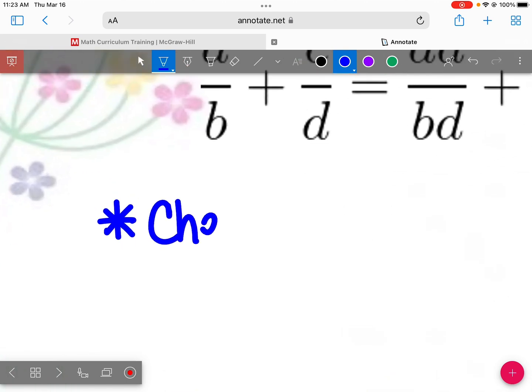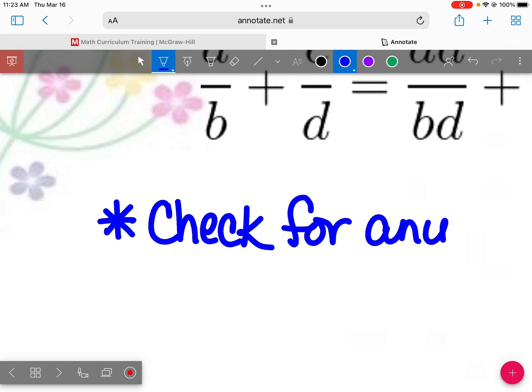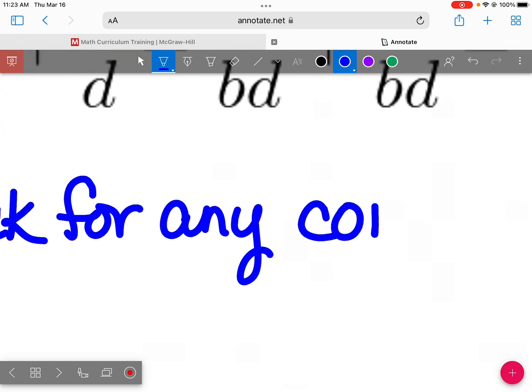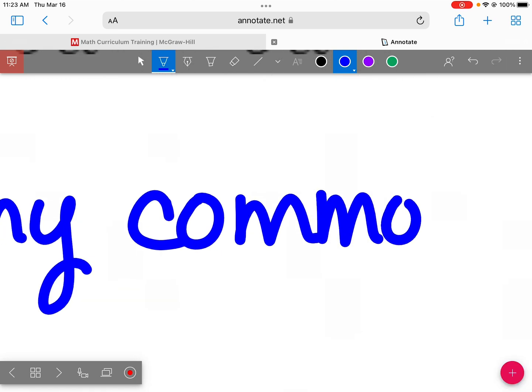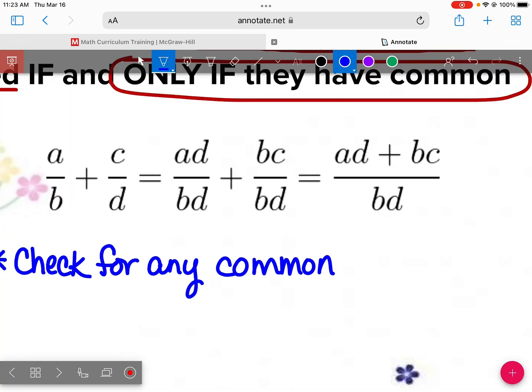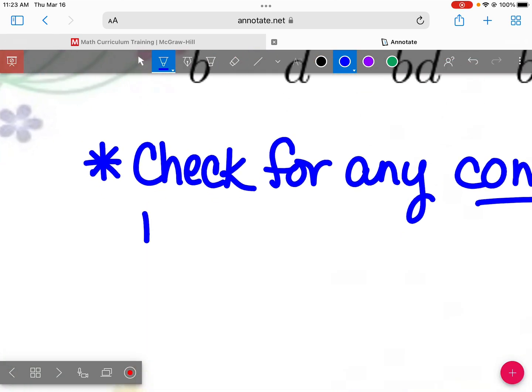We want to check for any common factors between the denominators.